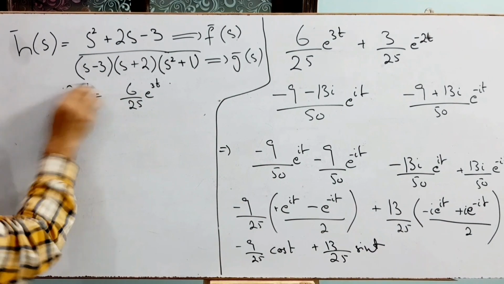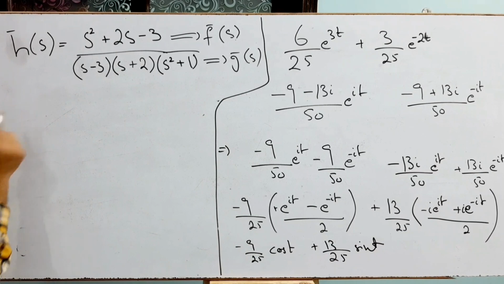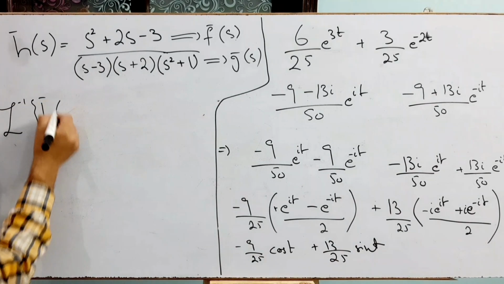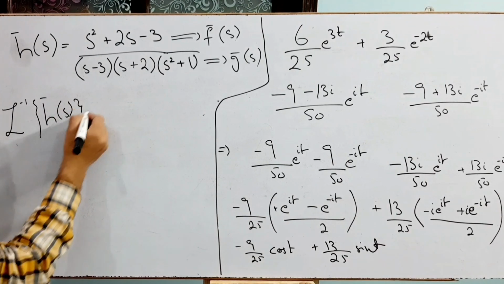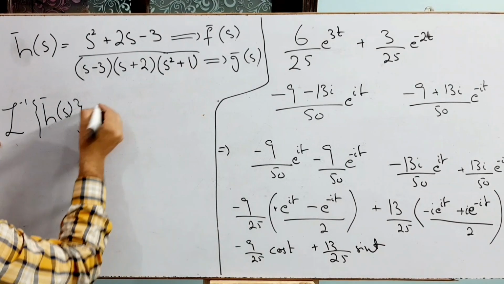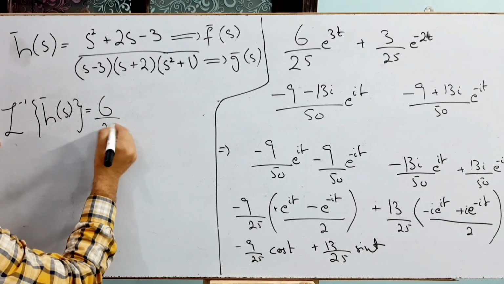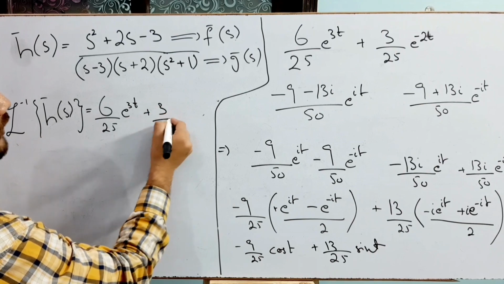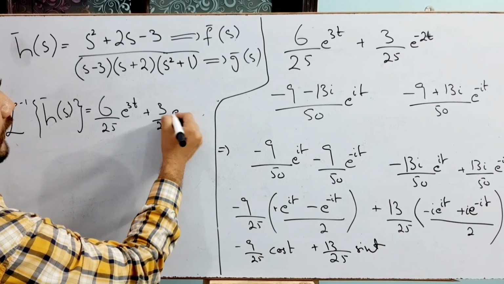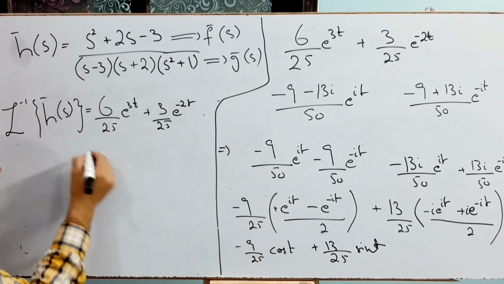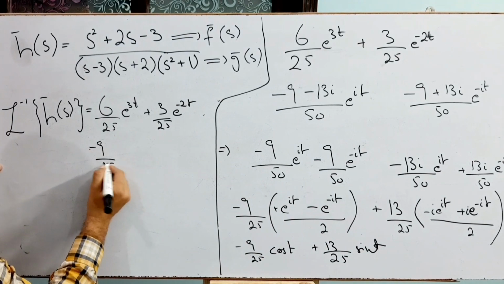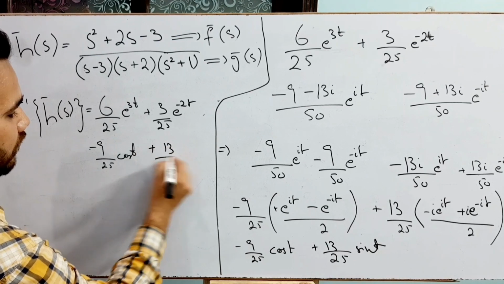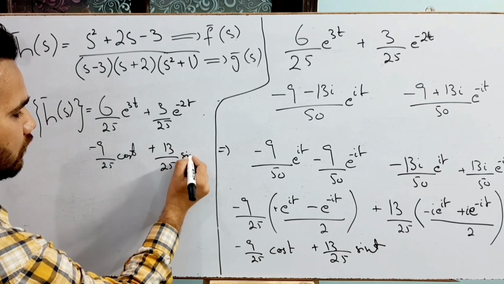So we can say that Laplace inverse of h bar of s equals 6 by 25 e power 3t plus 3 by 25 e power minus 2t minus 9 by 25 cosine t plus 13 by 25 sine t.